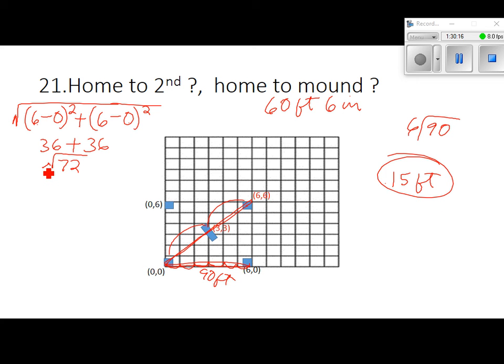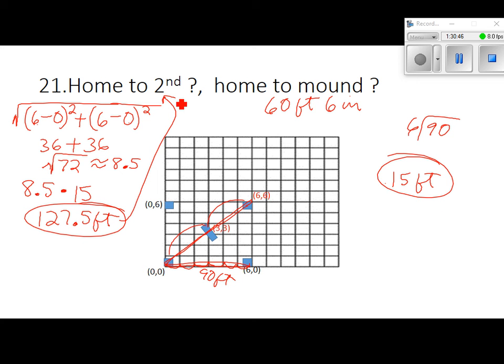So square root of 72 on my calculator, and I get about 8.5. Well, that means it's about 8.5 blocks. So I take that 8.5 and multiply it by the 15 feet, which I figured out is each block. So 8.5 times 15, and I get about 127.5 feet. That's the distance from home to second.